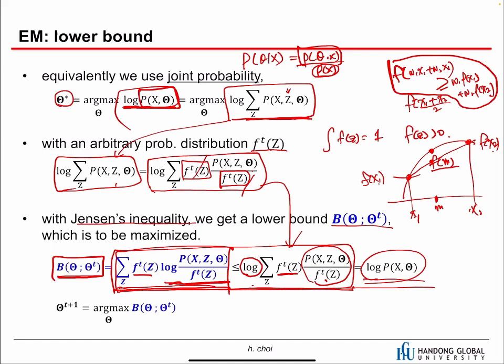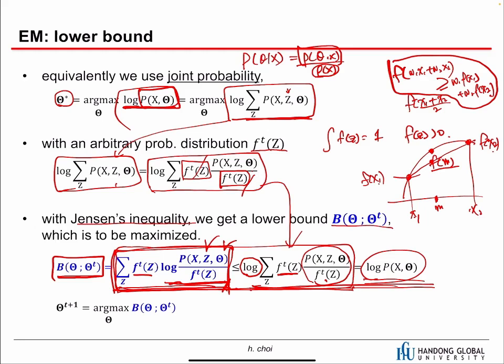This is a complex problem, so we set a lower bound. If we push this lower bound higher and higher, then this one will go up too. So again, this is a lower bound. We're going to maximize this one, and eventually the original will go up.